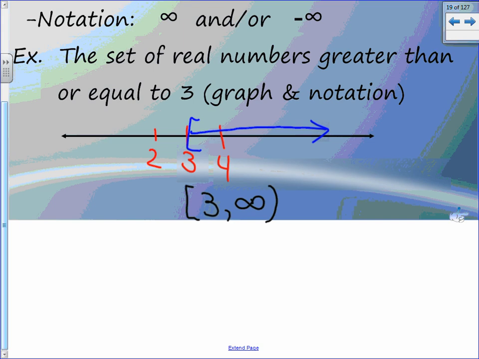So that visually is very pleasing. You have the curve here and then the curved parenthesis next to it. You would never put a hard bracket by an infinity because you can never equal infinity. It's a concept, it's not a number. Questions on that?